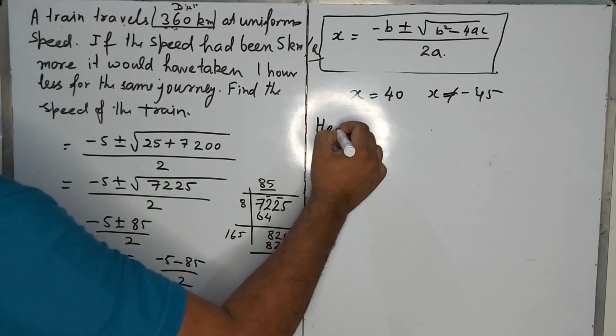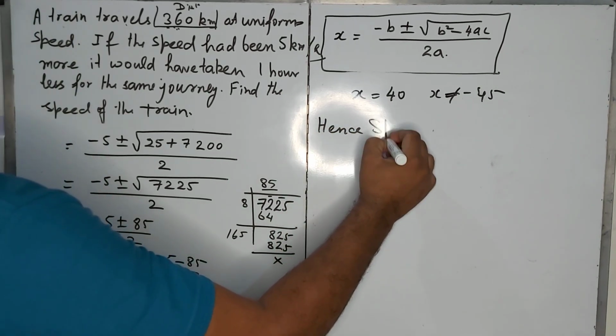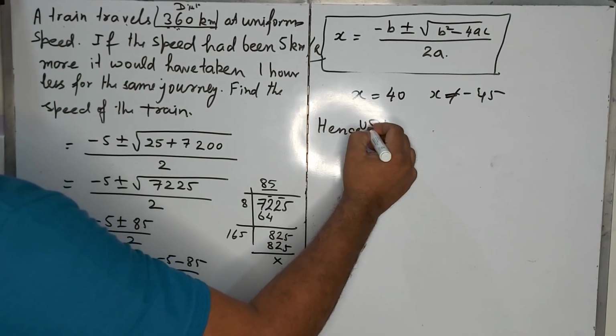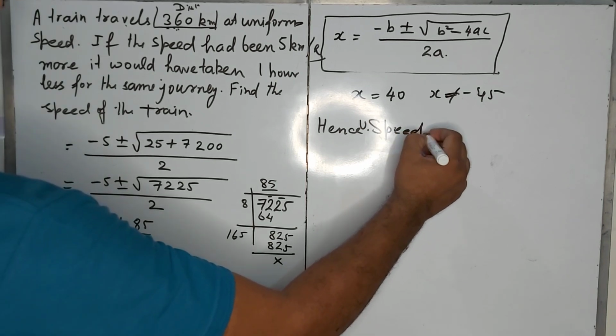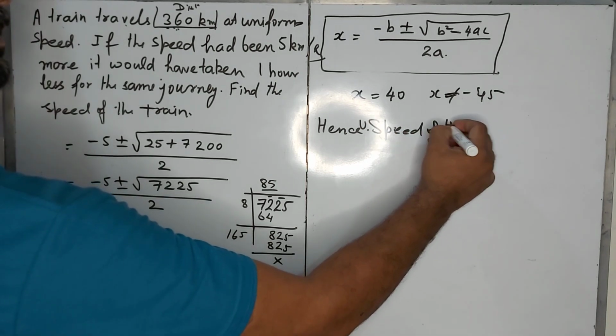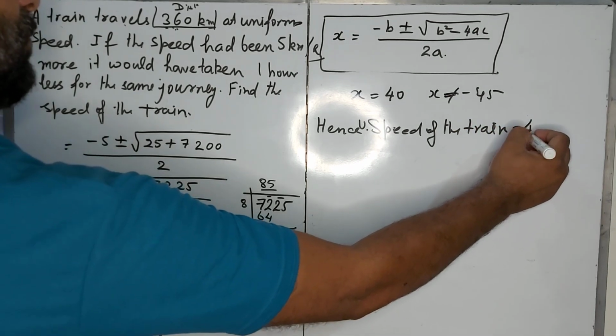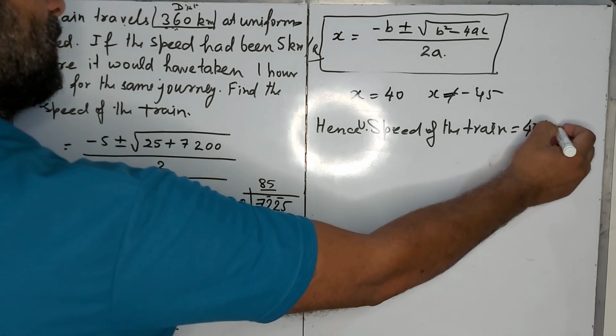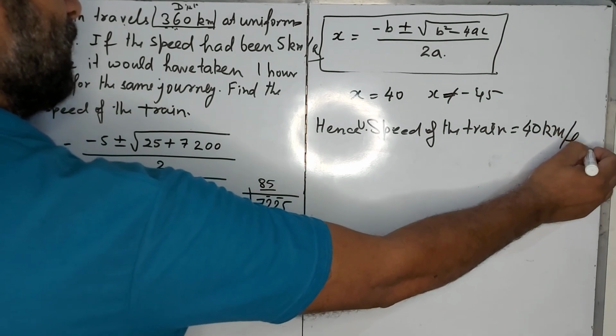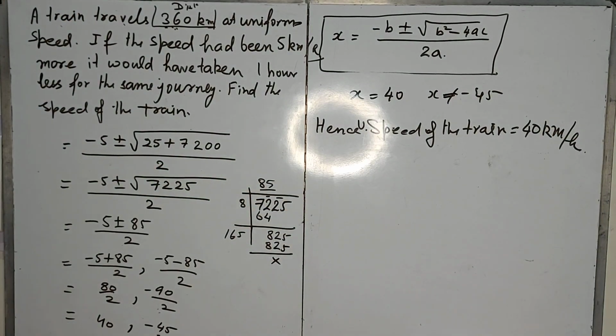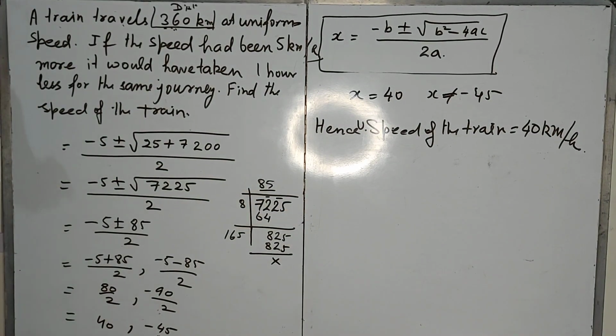Hence, the uniform speed of the train is equal to 40 kilometers per hour. This is the way how to solve a particular problem by using the quadratic formula.